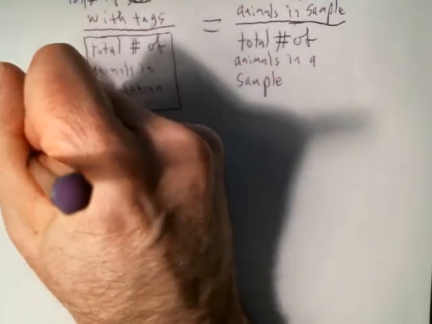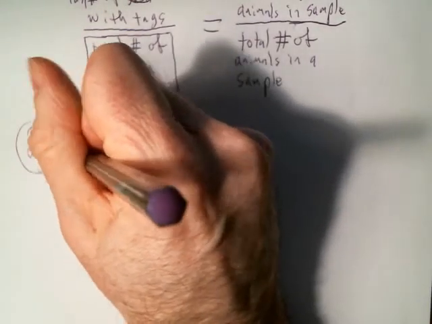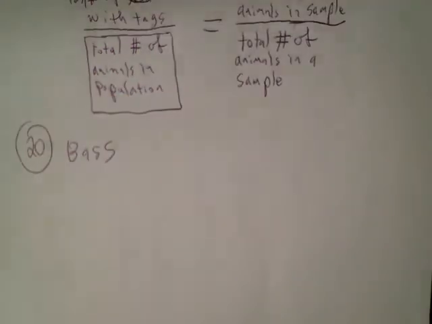So problem 20 is about bass. And it's saying, to estimate the number of bass in a lake, wildlife biologists tagged 50 bass and released them into the lake.